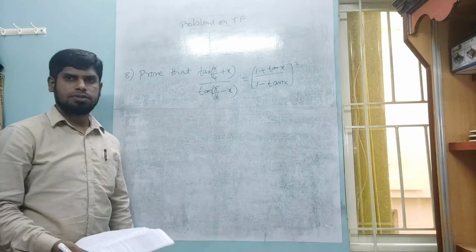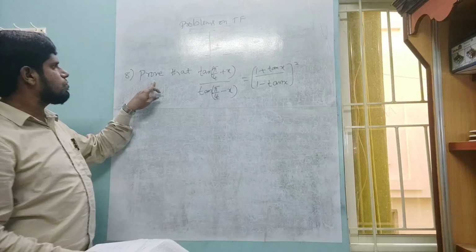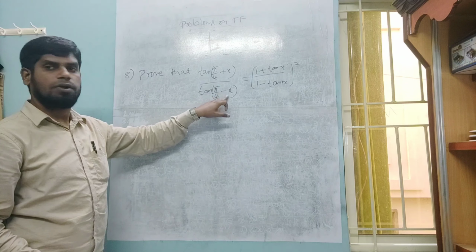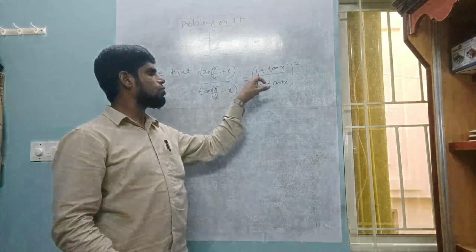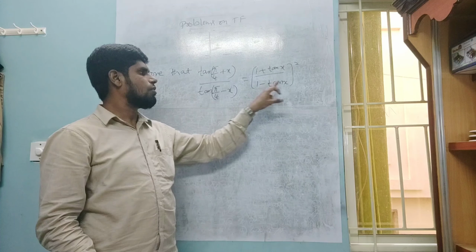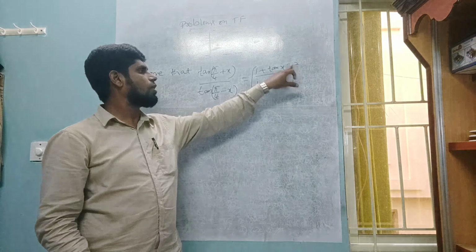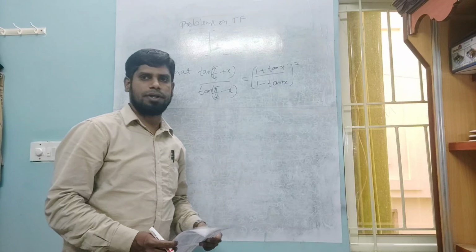Very simple problem. The student is asked to prove that tan of pi by 4 plus x divided by tan of pi by 4 minus x should be equal to (1 plus tan x divided by 1 minus tan x) whole square. There is a whole square, meaning this square is for both numerator and denominator.